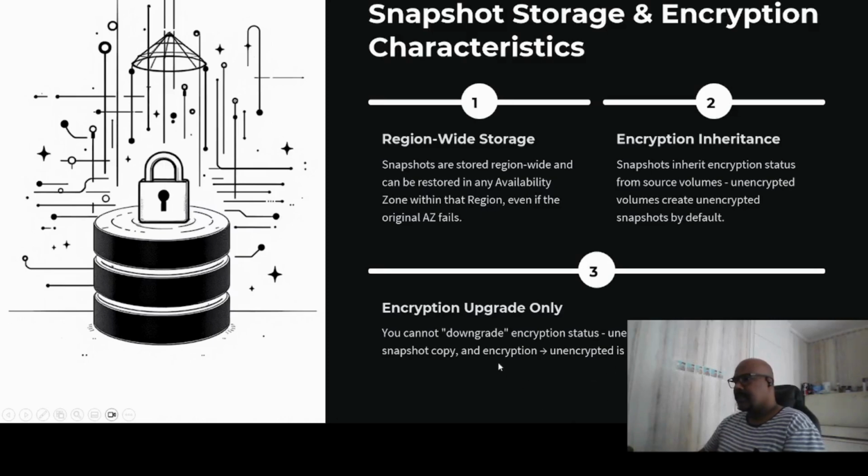Encrypted to unencrypted is not allowed. After encryption, if you want to make the volume unencrypted, it is not possible. We cannot do a downgrade. We can do an upgrade from unencrypted data to encrypted, but we cannot do encrypted to unencrypted. That is not possible in a snapshot.